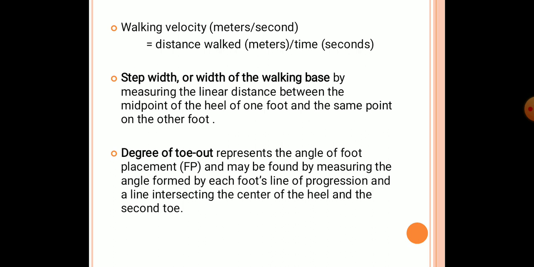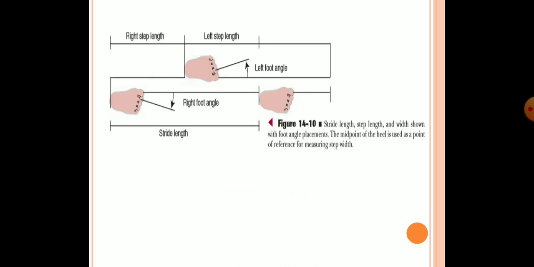So how much is the distance between two successive steps? It's not the linear direction, but the width of two successive steps, known as step width. It is measured by the linear distance between the midpoint of the heel of one foot and the same point on the other foot.